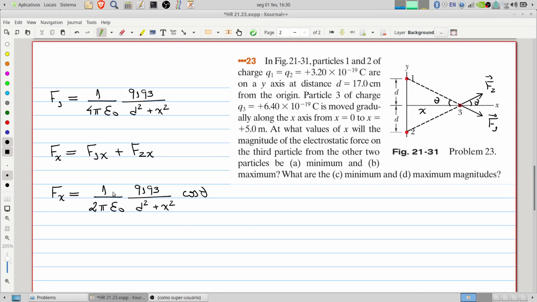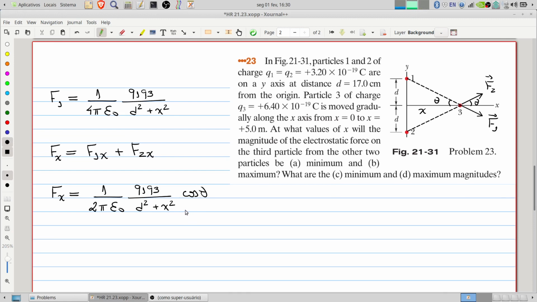Here we have to consider that the force in this case is written using two variables, theta and x, and we must choose which variable we want to work with.